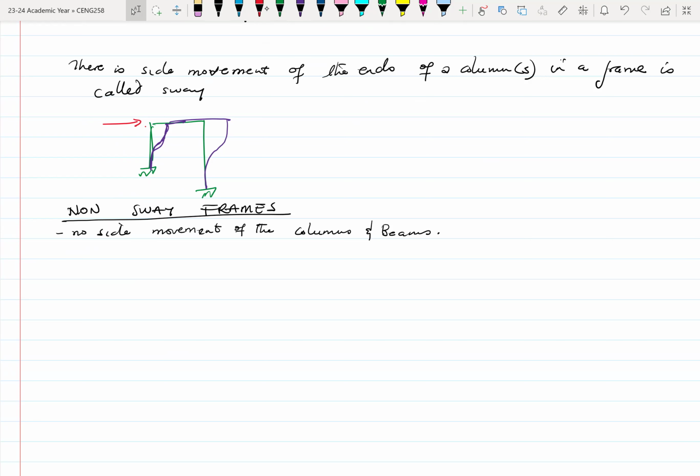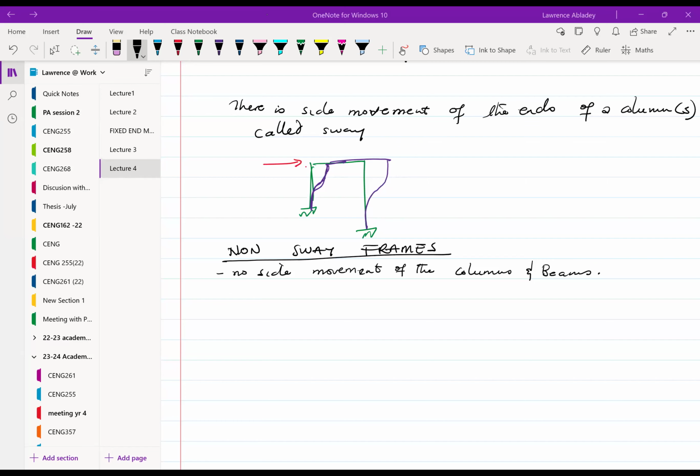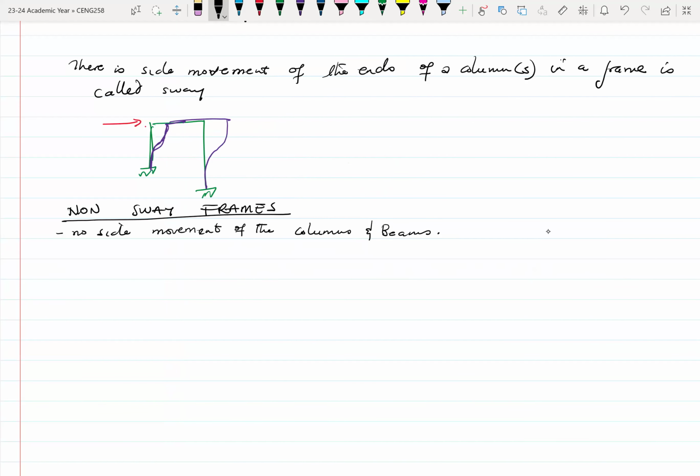how then do we have a frame that would not side sway? Okay, so let's see.